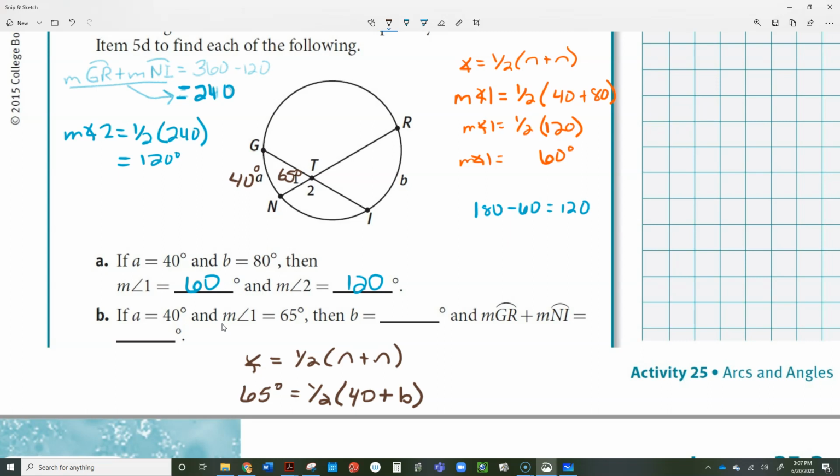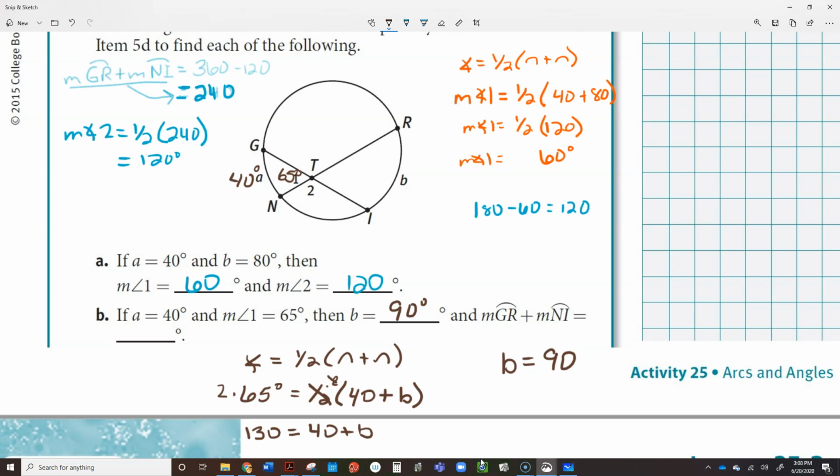Now I can distribute that 1/2, but I would much rather get rid of it by multiplying by 2. 65 times 2, I believe, is 130. Those two cancel out, leaving me 40 plus B. Subtract 40 from both sides, and you end up with B equal to 90. So we get 90 degrees.